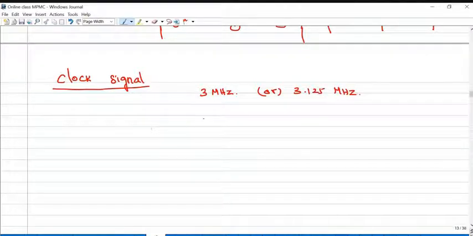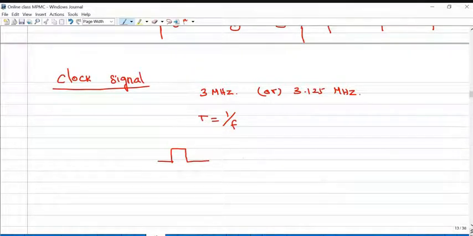Okay, clock cycle. So T equal to 1 by F. The ideal clock pulse we represent like this: on time, off time. But this ideal clock signal generation is not that easy.